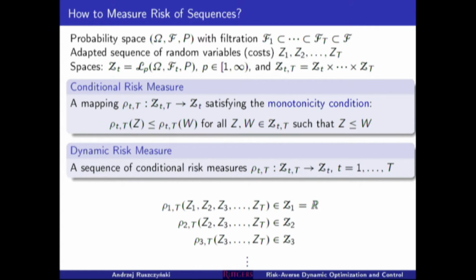And the day after tomorrow, even more of that, okay? So the values of these conditional risk measures are random, but they are less random than the future. They reduce all the future uncertainty to random variables that are measurable with respect to the corresponding sigma algebra.